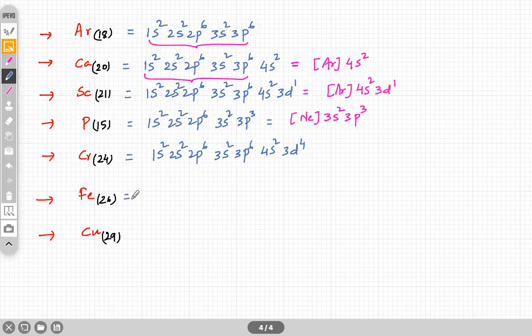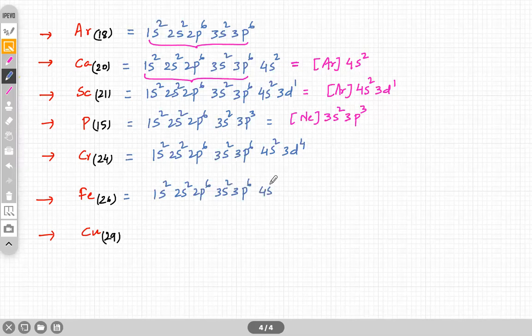Okay, I have written it. 1s2, 2s2, 2p6, 3s2, 3p6, 4s2, 3d6. This one 1s2, 2s2, 2p6, 3s2, 3p6, 4s2, 3d9. Okay, all these configurations we have, correct?